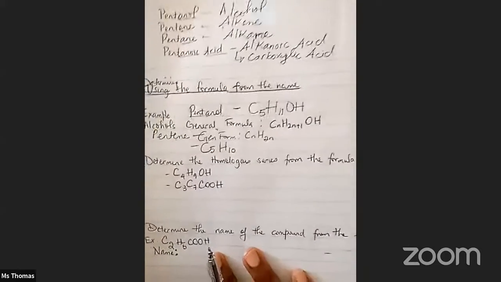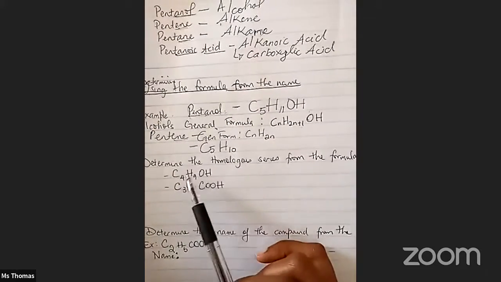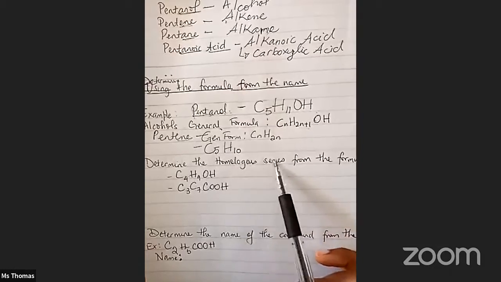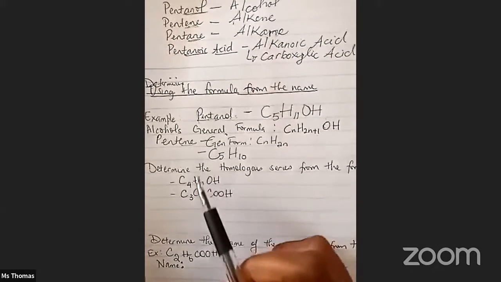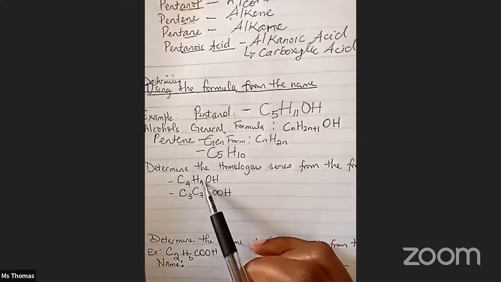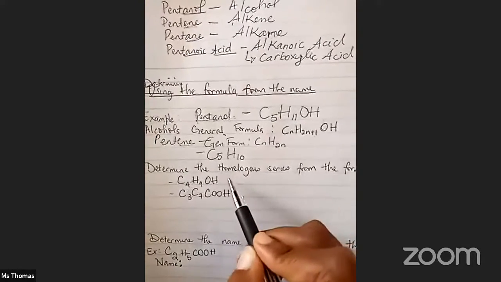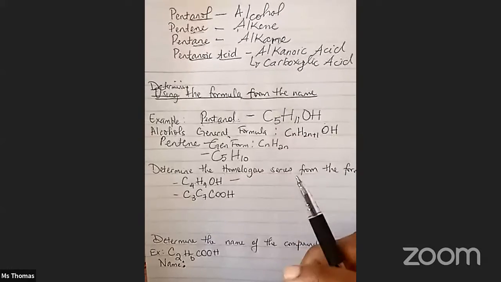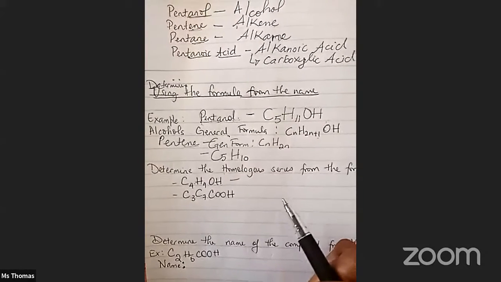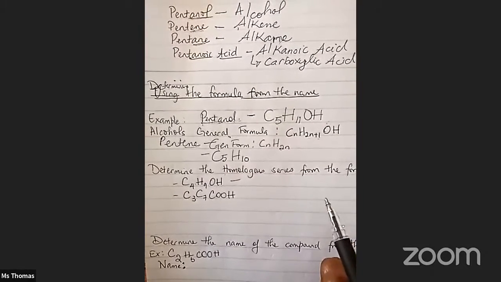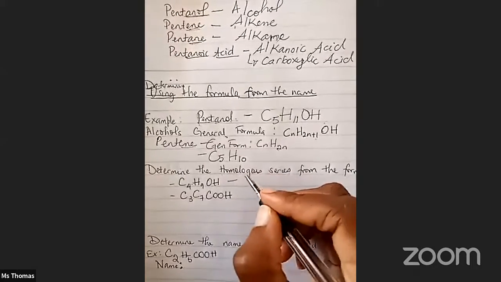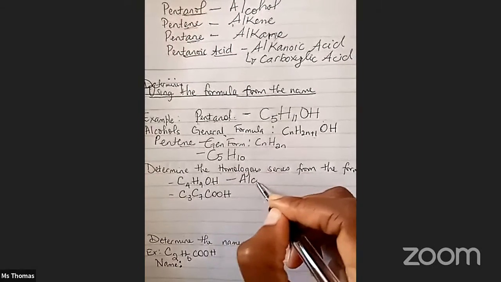Now we're going to see how we can look at the formula to know which homologous series it is from. So tell me, where is this compound from? Which series? Is it an alkene, an alkane, an alcohol, or an alkanoic acid? I think it's an alcohol. It's an alcohol. Why do you say that?